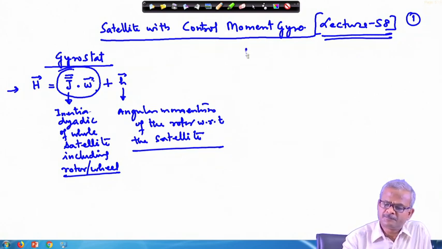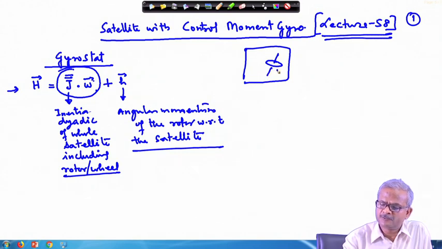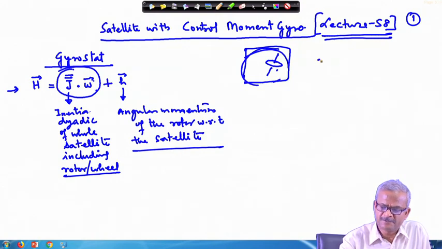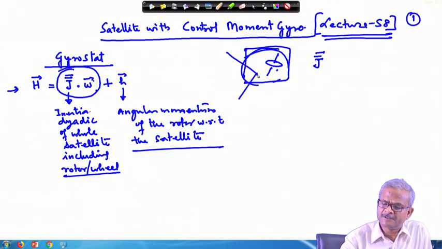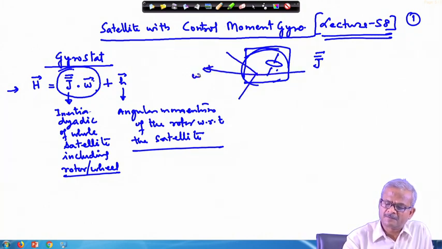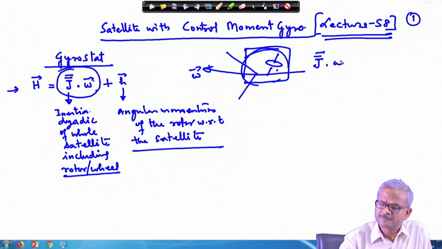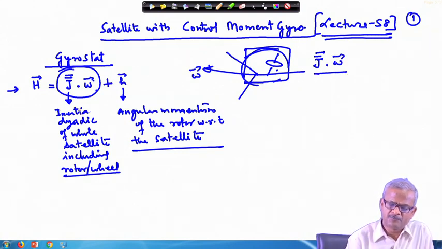So, this is a satellite and there is a rotor here, okay. And suppose that this rotor is not rotating. So, what will be the moment of inertia of this, which we are writing as J double bar, okay. And then if this body is rotating at omega angular velocity, this is your associated angular momentum.